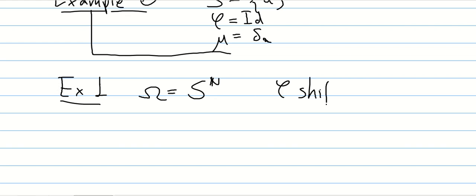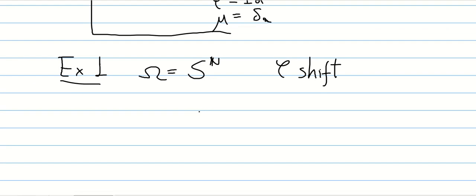A much more interesting example, where we are actually going to have to prove something, is the infinite product with the shift. So let's imagine that we have omega being S to the N. So we take any metric space, take a product, and consider phi to be the shift here. And of course you have the canonical coordinates and so on.